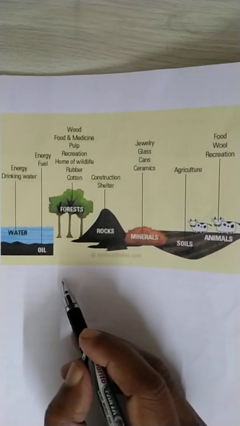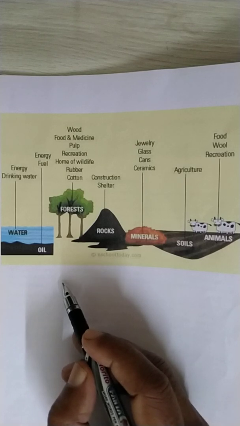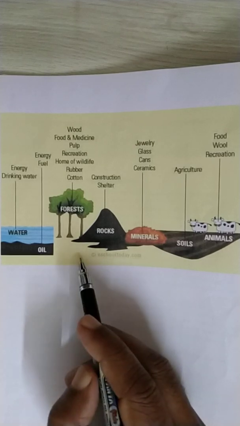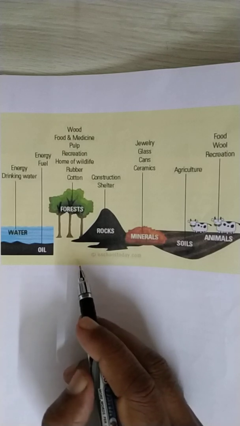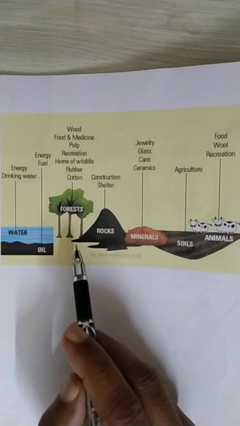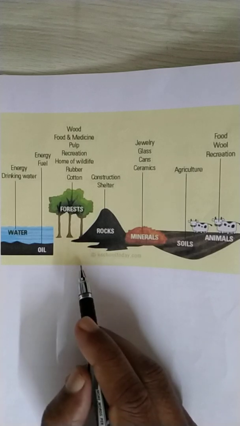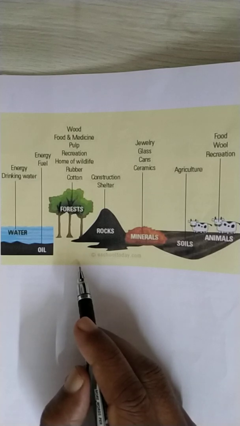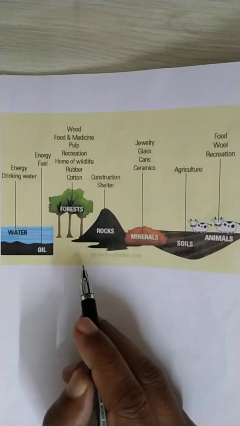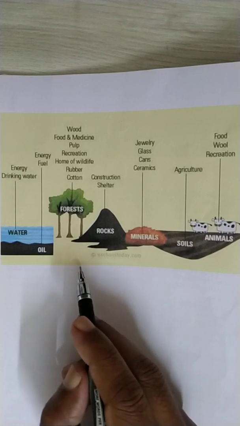Okay. Now here, natural resources can be consumed. This is a very important point to be noted, that natural resources can be consumed directly or indirectly. For example, we use air, we breathe oxygen. Now, we use it directly.